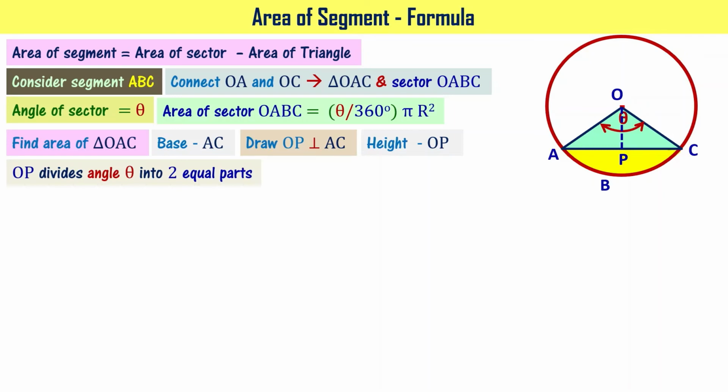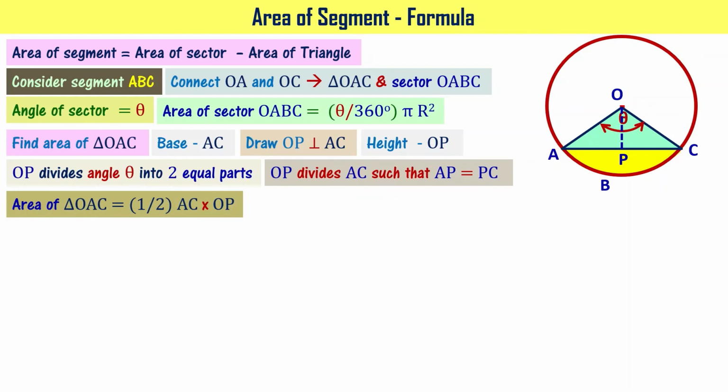At the same time, OP is dividing AC into two equal parts, that is AP and PC, they are equal. AP equal to PC, right? Please note these 2 points. OP divides the angle theta into two equal parts and OP divides AC such that AP becomes equal to PC, right?